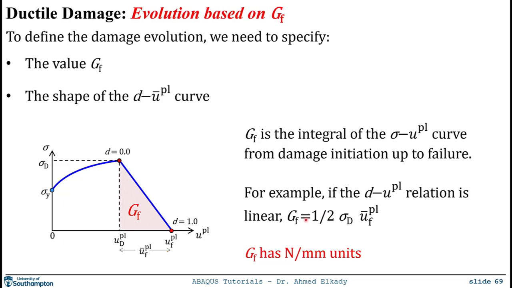You can see here that GF and UF plastic are interchangeable, so you can use either this or that. No change will happen in the results. GF, based on this definition shown over here, will have a unit of Newton per millimeter or force per displacement.